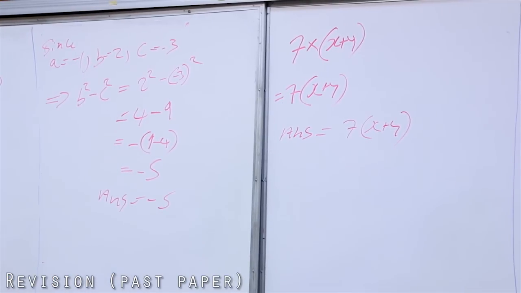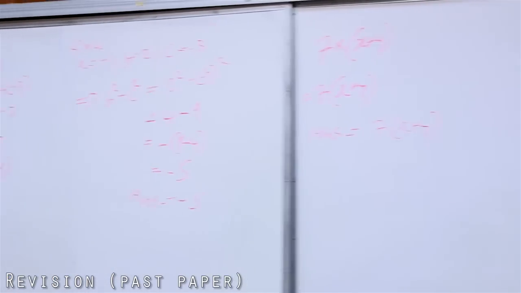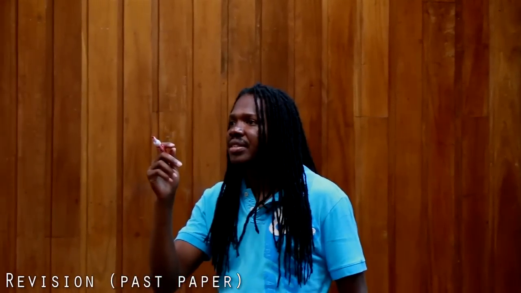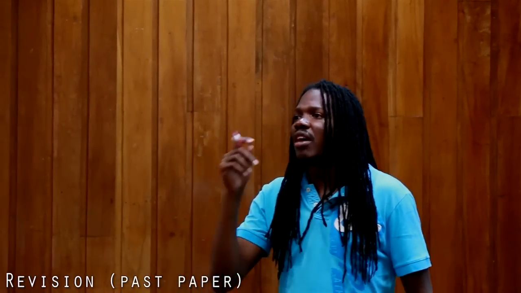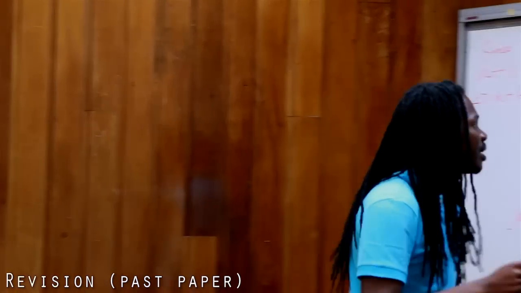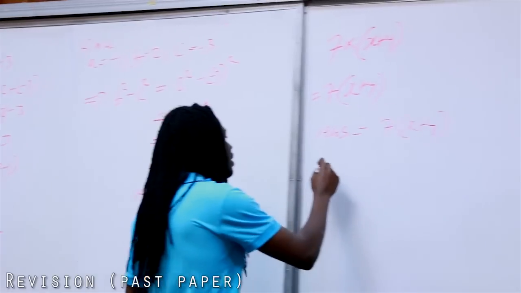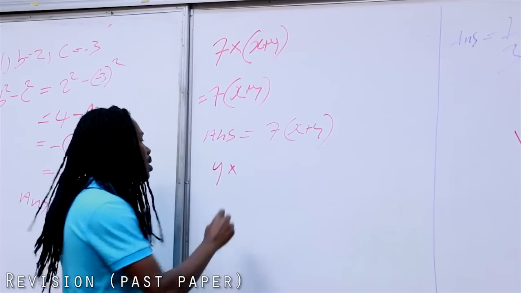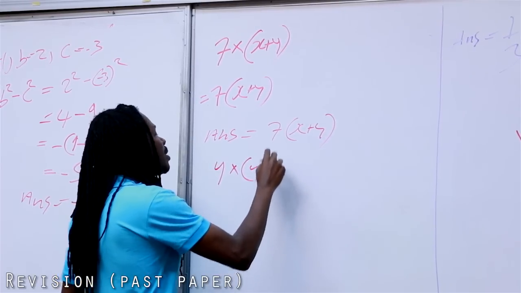The product of 2 consecutive numbers when the smaller number is y. So therefore you're going to say y times y plus 1.